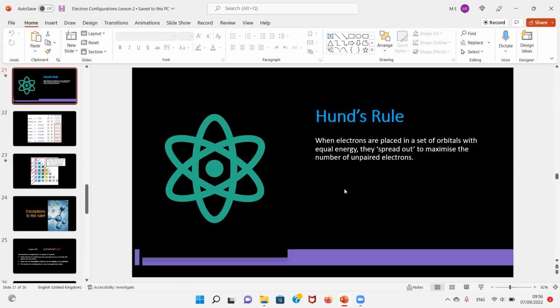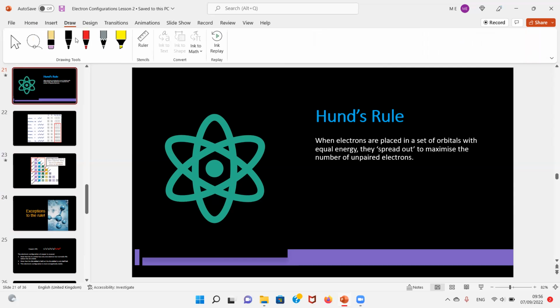So should we basically do it this way? Here, this is the p subshell, and we have four electrons we want to fill in. So how should we fill them in? Should we fill them like this? 1, 2, 3, 4.